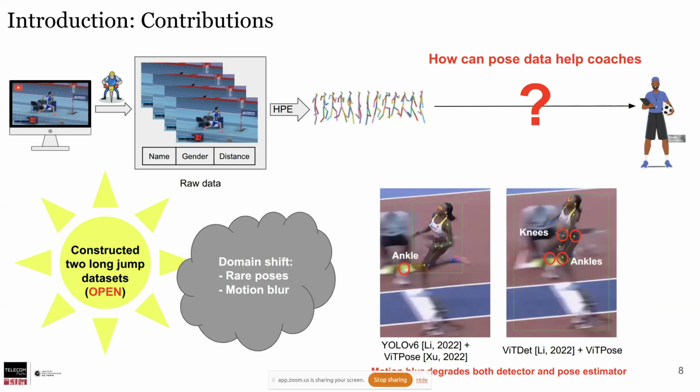However, because the videos of online competition are different from those people used to train models, there are huge domain shifts. From this example, we can see that the bounding box doesn't do very well for detecting humans, and the key joints also have huge errors.